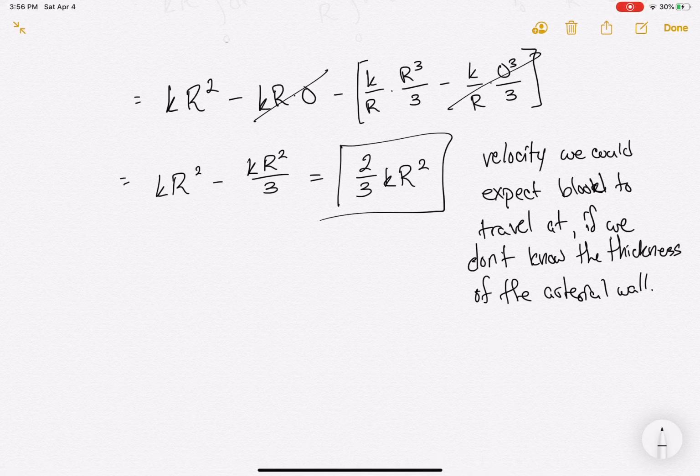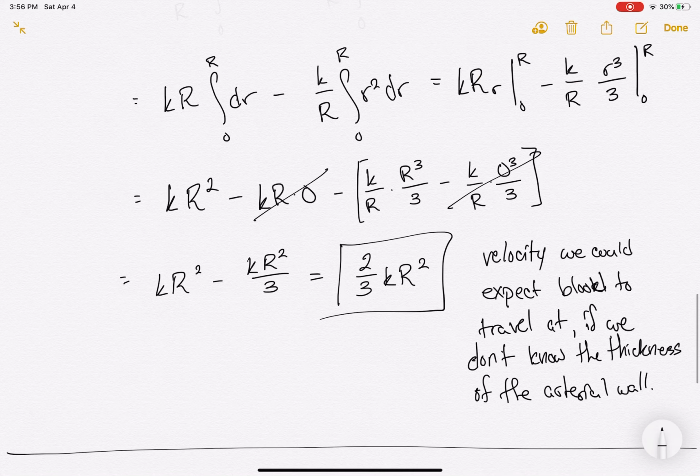Right, this is saying, suppose we haven't run any tests and we don't know exactly what somebody's arterial thickness is, the wall. We might know their overall radius, but we don't know the thickness of the wall. That means that we can expect that it's going to have this sort of flow rate.